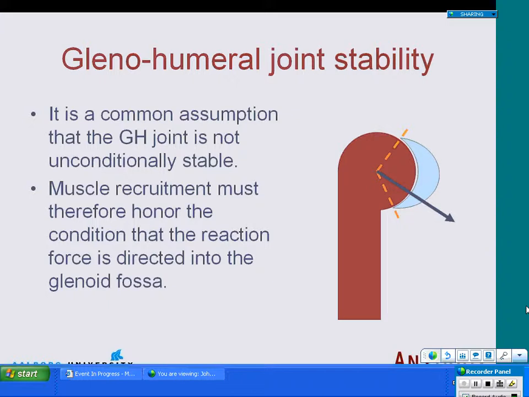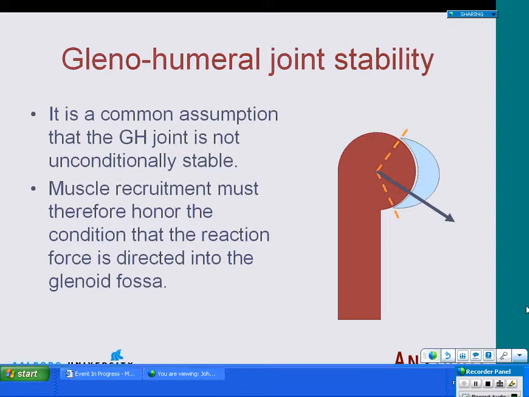So therefore, it's usually believed that the muscle forces in the gleno-humeral joint must be recruited in such a way that the resultant reaction force between the humerus and the glenoid is directed into the shallowness of the glenoid. And this is what we have depicted here by the blue arrow.